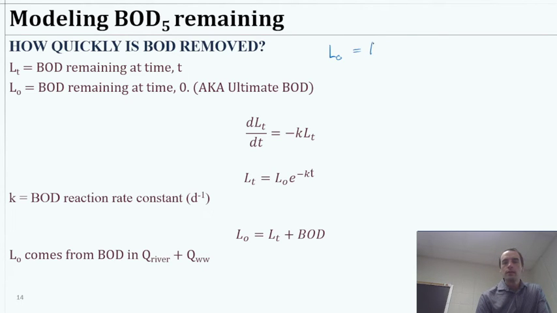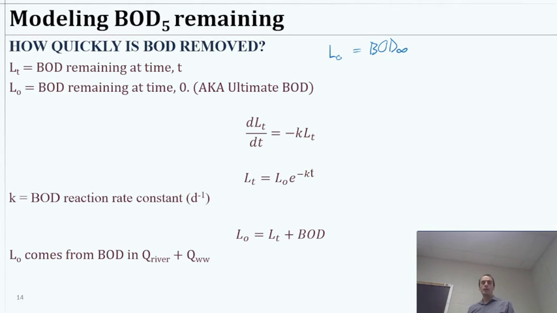L naught is equal to the BOD if we could measure for an infinite amount of time. That's the oxygen demand remaining in total. Since we're talking about river water here, we're not talking about BOD5 remaining necessarily, although we are usually going to measure it as BOD5. If we do a measurement, it's going to be BOD5.